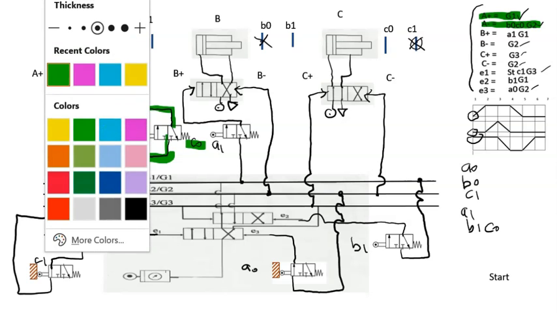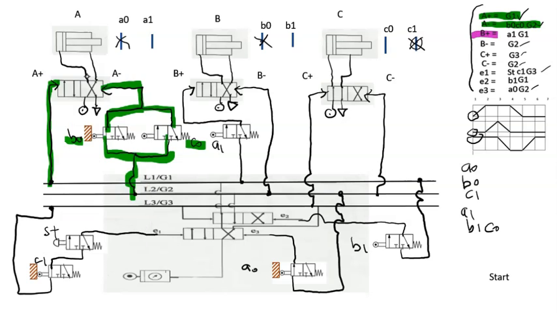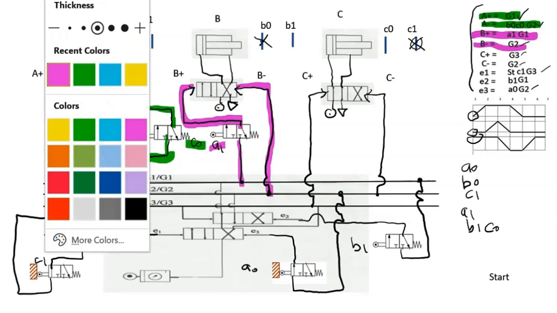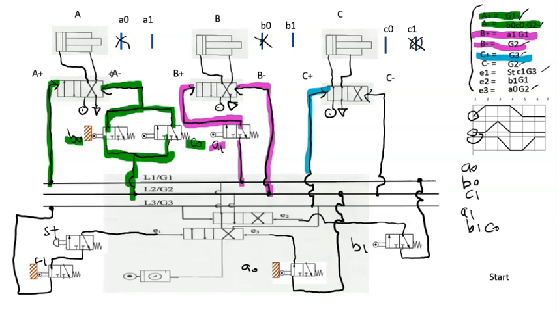Then let's check for the B. B plus A1, right? Go to G1. And then we have B minus, go to G2. And then for the C plus, we're going to G3. And then C minus, we're going to G2.